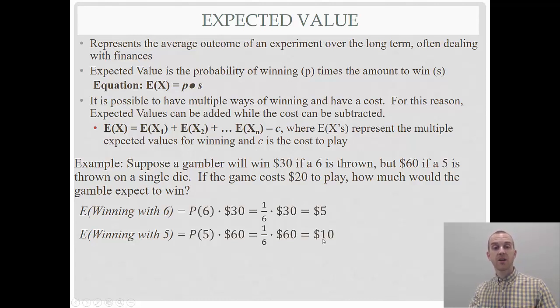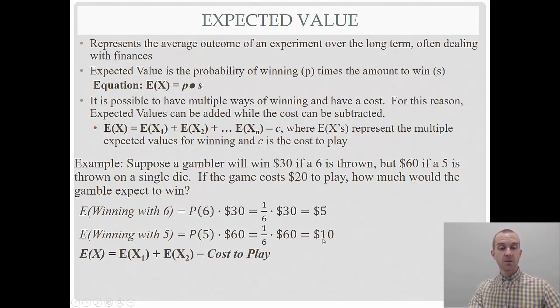Now, if I want to combine all the overall expected value of the situation, it's the expected value of the first event occurring plus the second event occurring minus that cost to play. So in this case, that was $5 if I won with a 6, $10 expected winning with a 5, minus the $20 to play on average, which would give a negative $5.